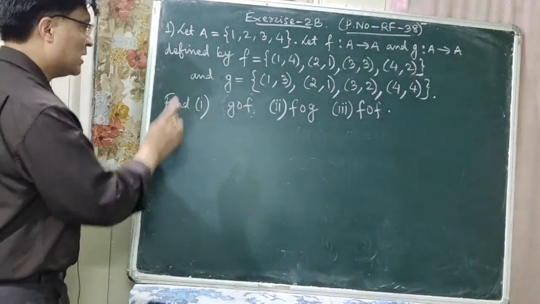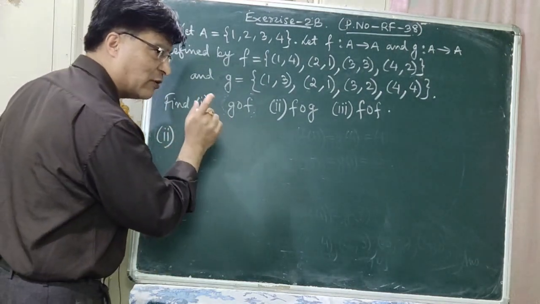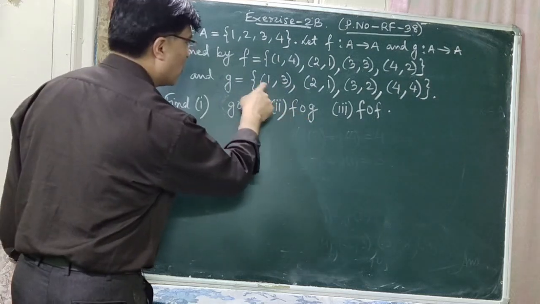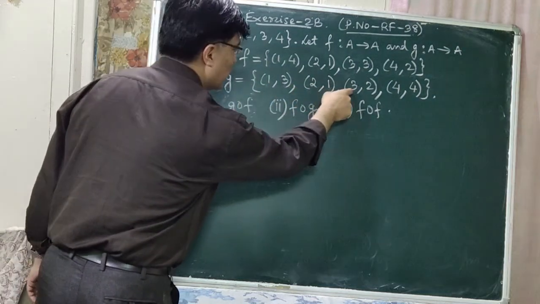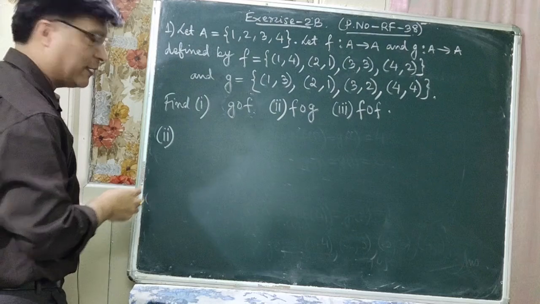Is that clear? So let us find out first. In order to find out FOG, you have to find out FOG of 1, FOG of 2, FOG of 3, FOG of 4, right?